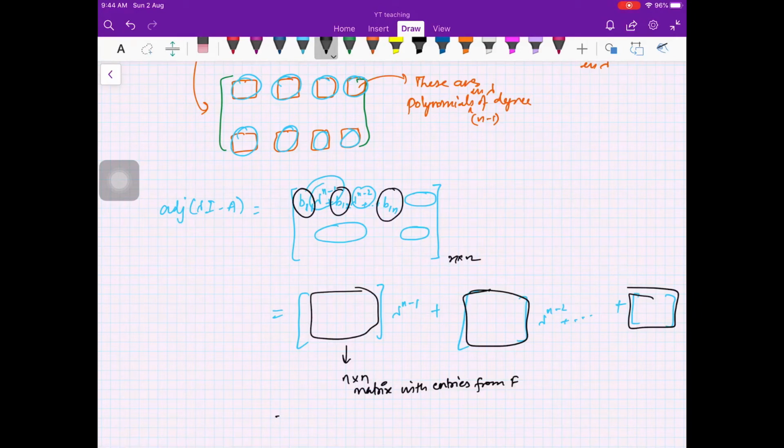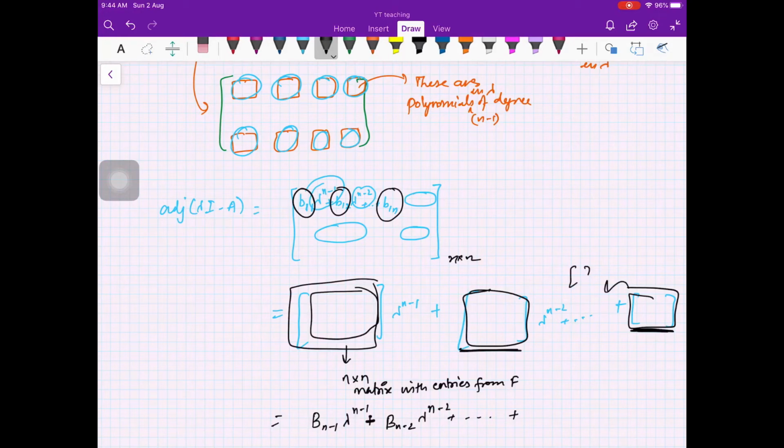So I can call this matrix B_{n-1}, lambda raised to power n minus 1, plus I am calling this matrix B_{n-2}, lambda raised to power n minus 2, and so on. The last matrix, before that I'll get something into lambda, so I am calling that B1 lambda plus B0. So this is my adjoint of lambda I minus A.